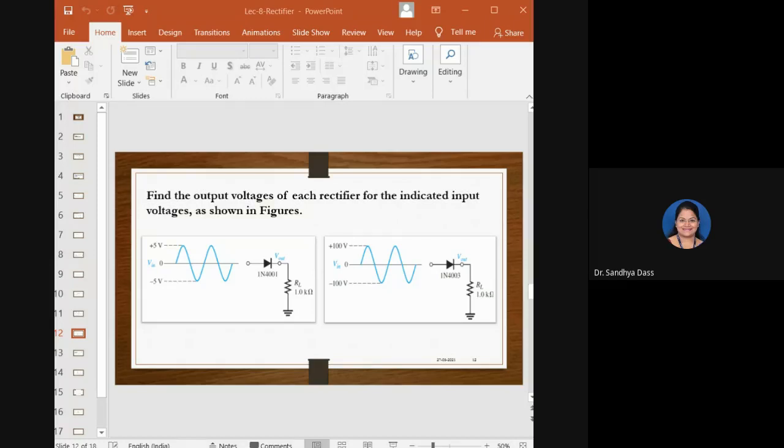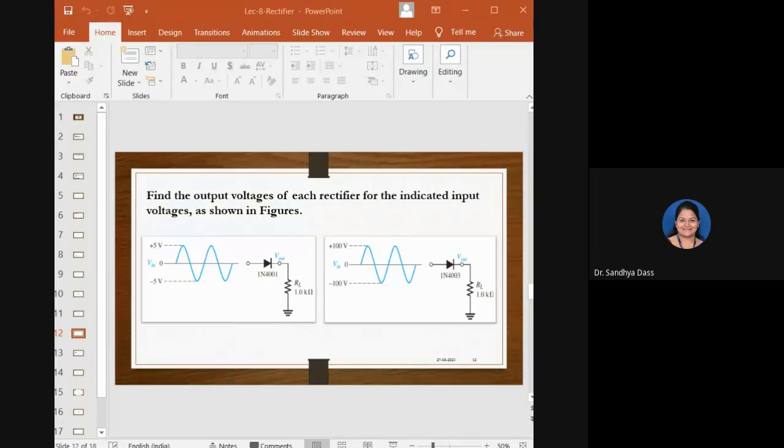So neglecting this barrier potential will cause a significant error in the calculation of the parameters in the circuit. Especially in the first case, the difference is too much.